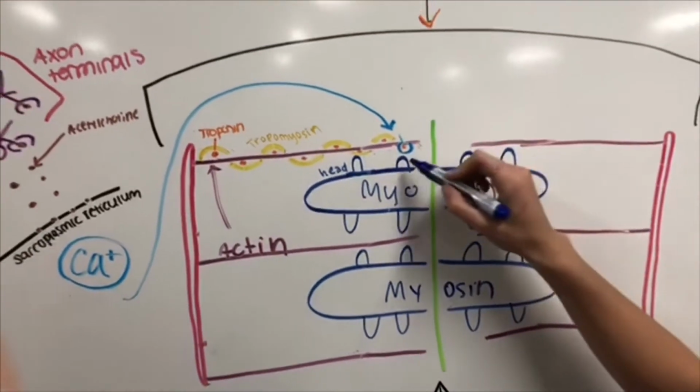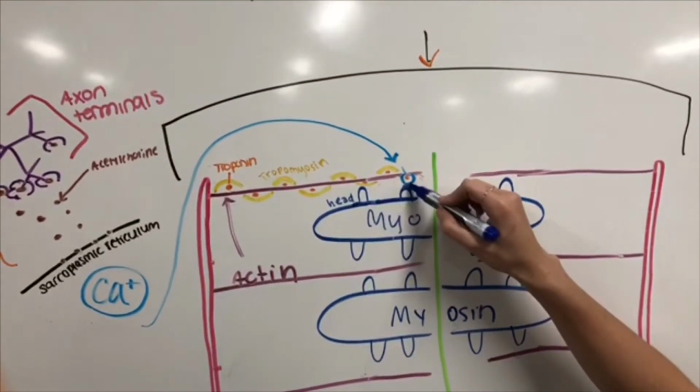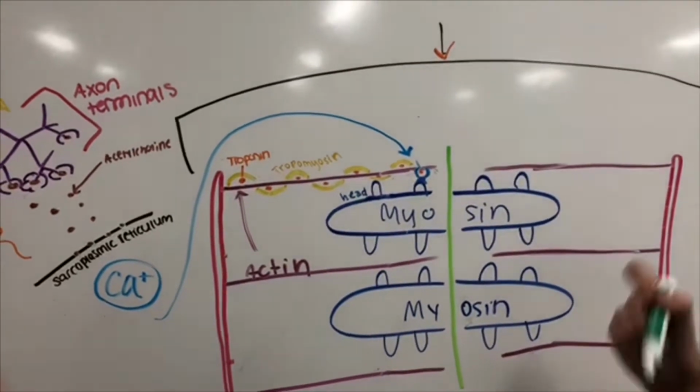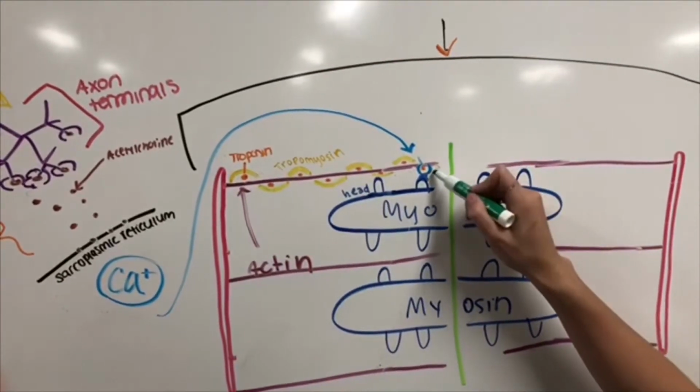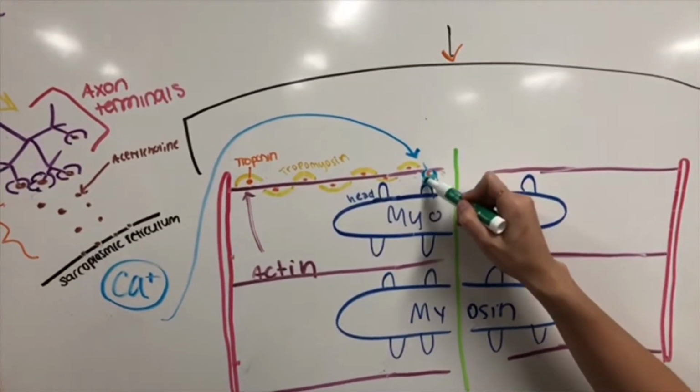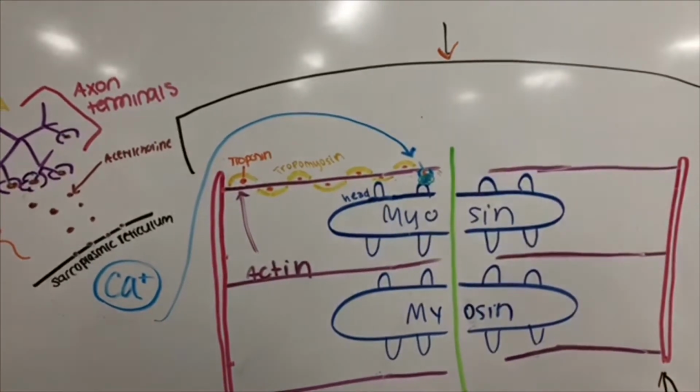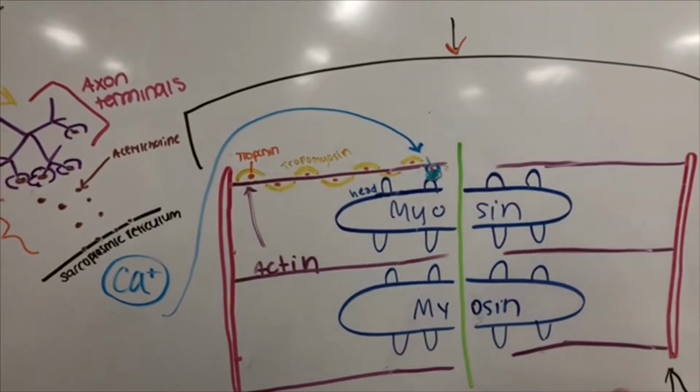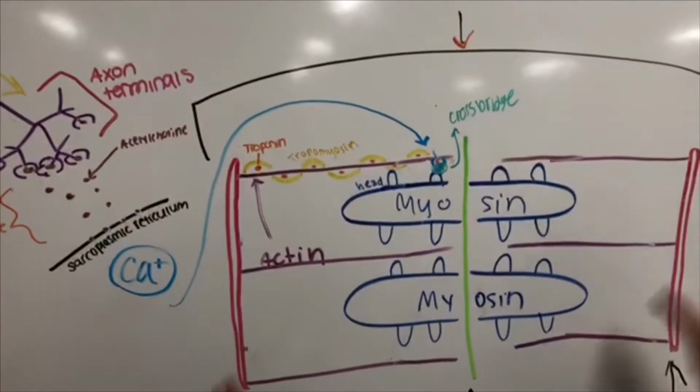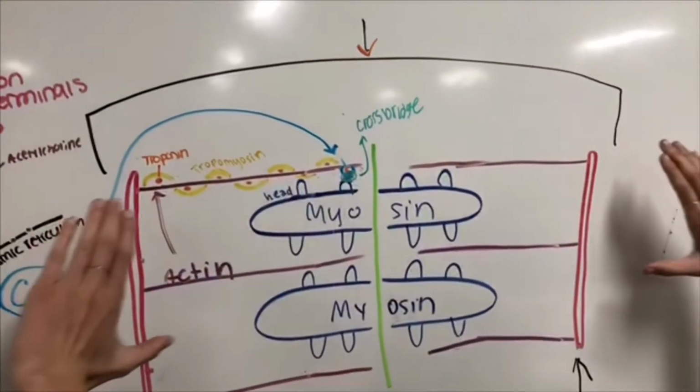Now that the actin is available, the myosin heads form a cross bridge with actin, like when Troy climbs up to the balcony to see Gabriella and they finally get to talk. The myosin pulls the actin towards the center of the sarcomere, and the muscle finally contracts.